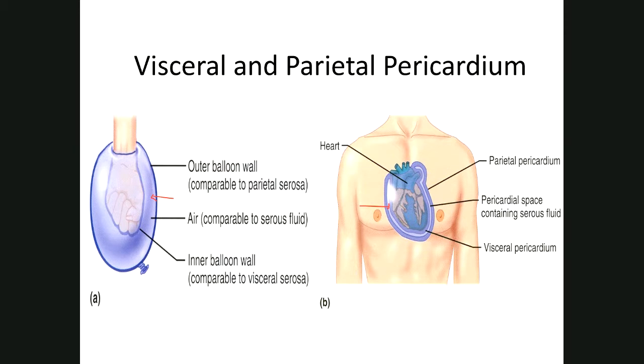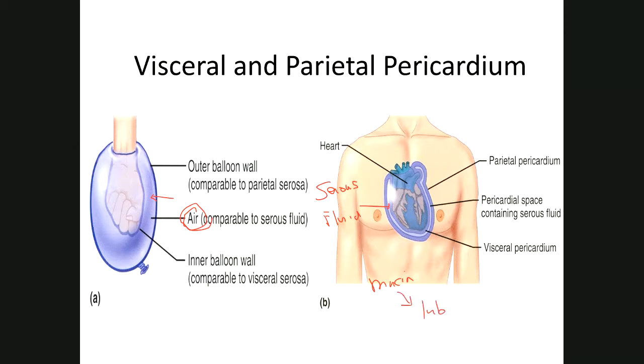Well, our balloon had air in it, but that's not what we find in here. What we find in here is called serous fluid. And serous fluid is very slick. It has a lot of mucin in it. That's the protein that's found in mucus, and mucin is slick. It's lubricating.